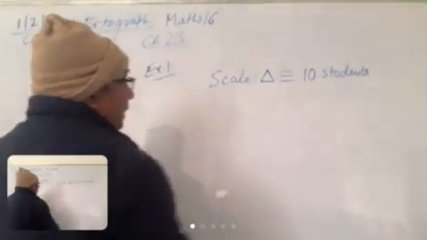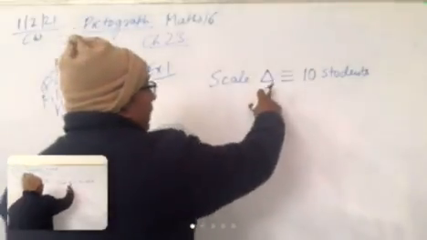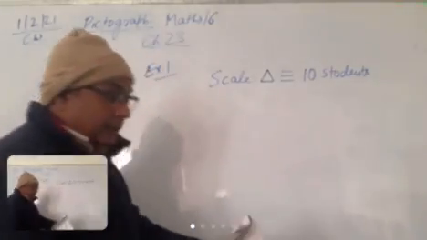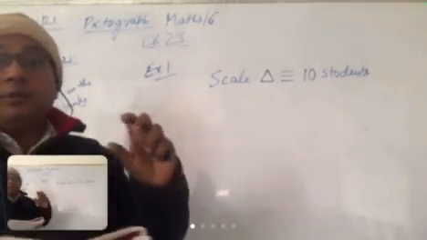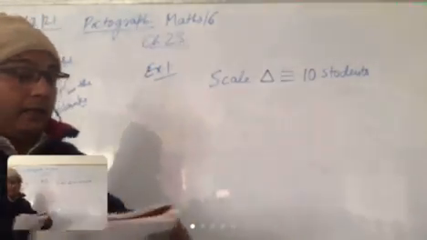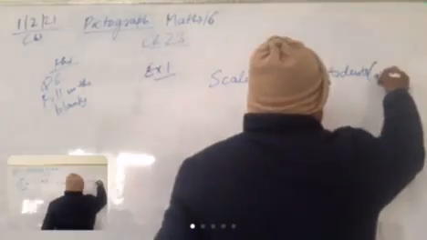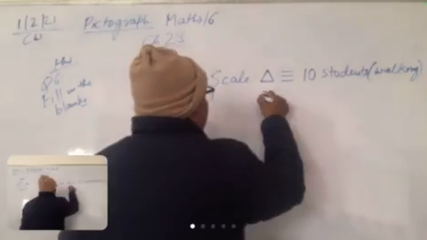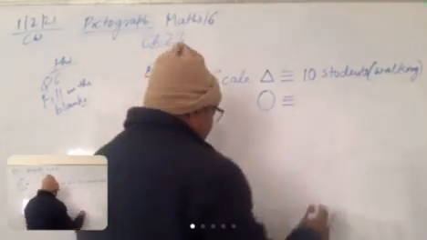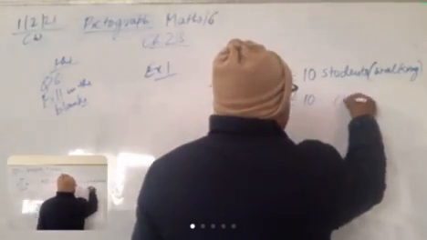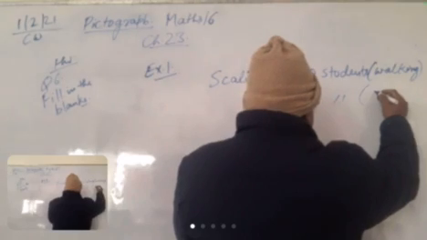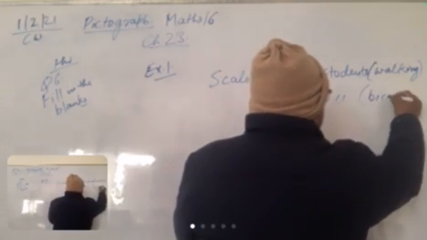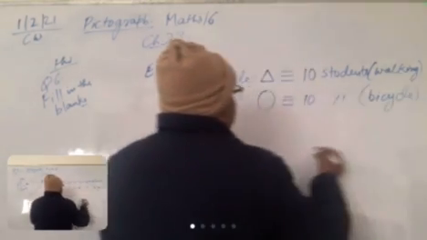You can use other figures also. Now see, if you want to change the triangle, we have to change every figure. So this triangle is walking. Now draw a circle. This is equal to the same 10 students, and this is by bicycle.